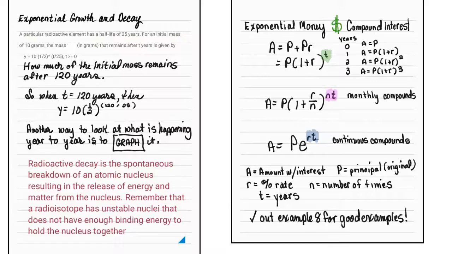To start it off, if we walk in with so much money, the amount at the end of the year would be the money plus the money times the rate, the interest. So you take what you started with, add the interest, and that's your amount. After 0 years, the amount would just equal P. After 1 year, it would be P times 1 plus the rate, and so forth and so on as we go down through the years.